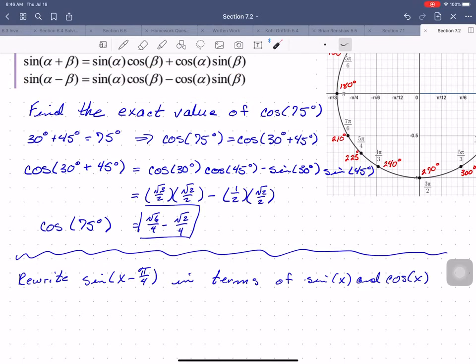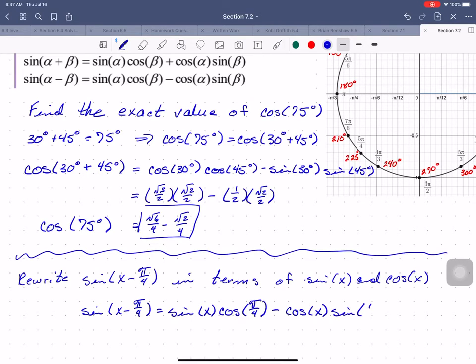So the sine of one angle minus another angle, the sine of x minus pi over 4, is equal to the sine of the first angle times the cosine of the second angle, minus the cosine of the first angle times the sine of the second angle.